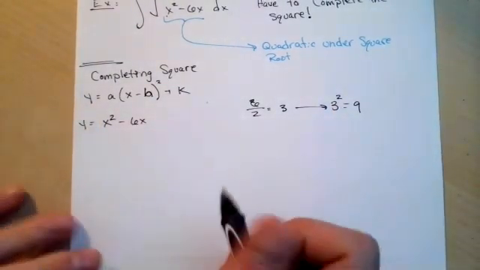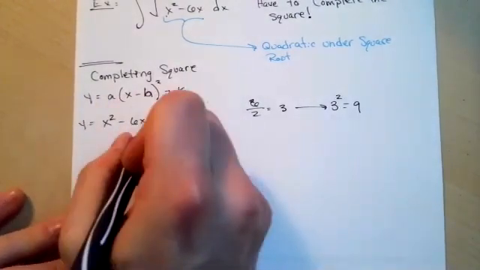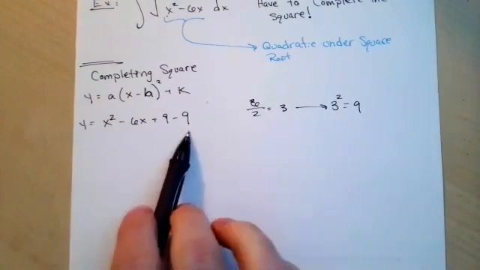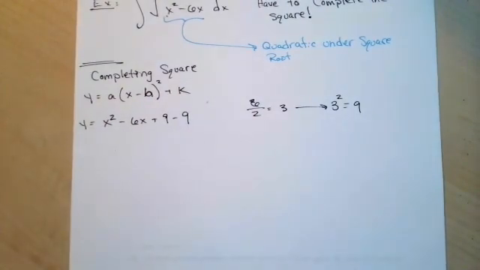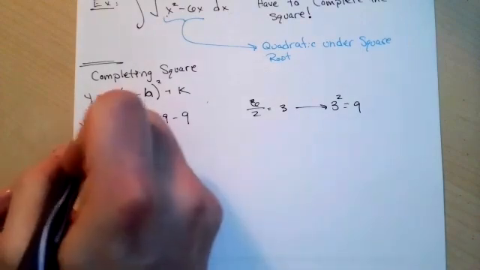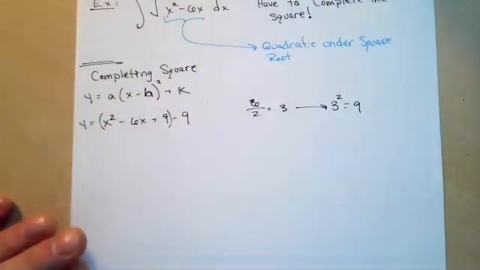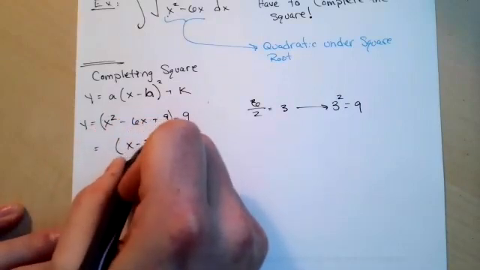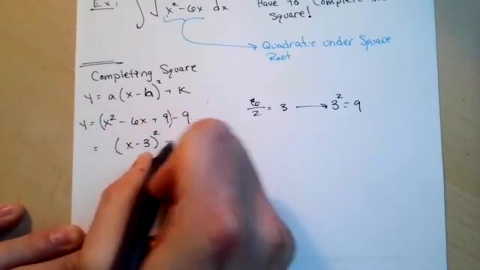We don't want to change the expression, so we want to add and subtract, right? Same function, haven't changed anything, just manipulating the way it looks. And then these first 3 terms are going to form a perfect square, and that'll be x minus 3 quantity squared minus 9.